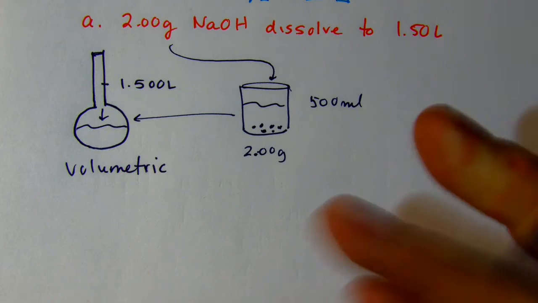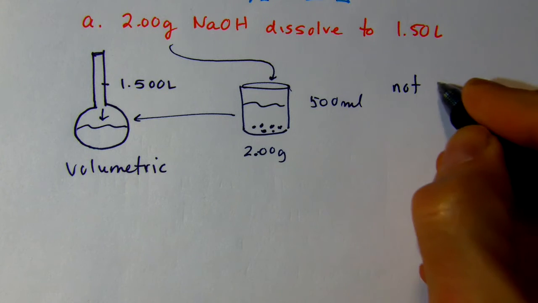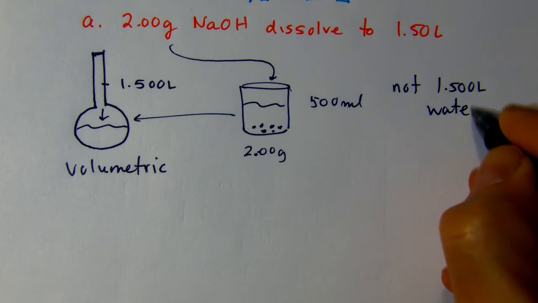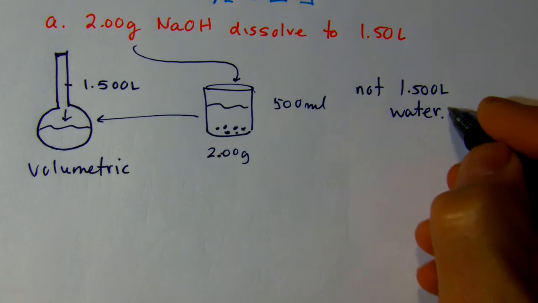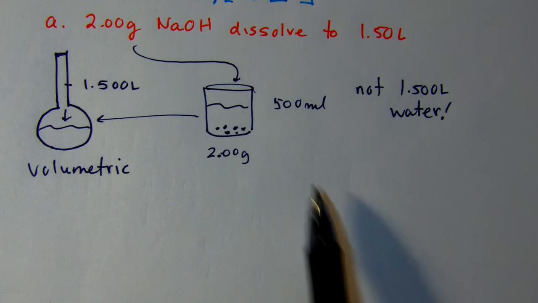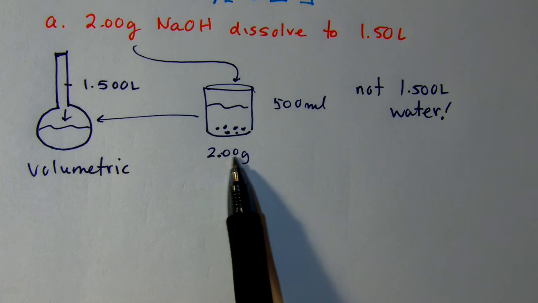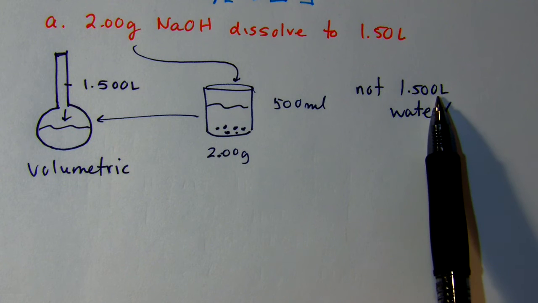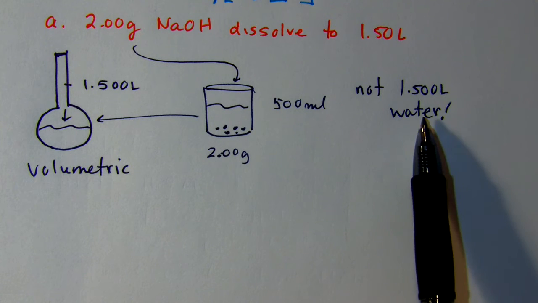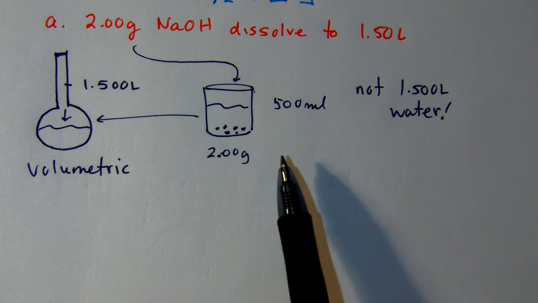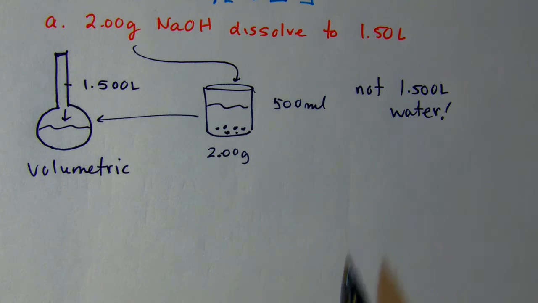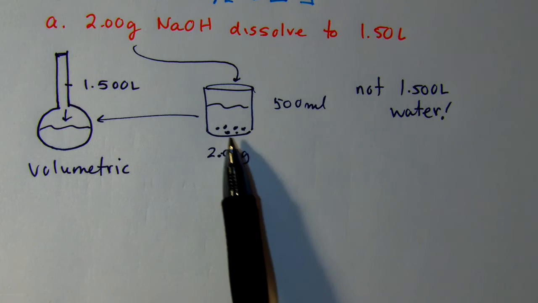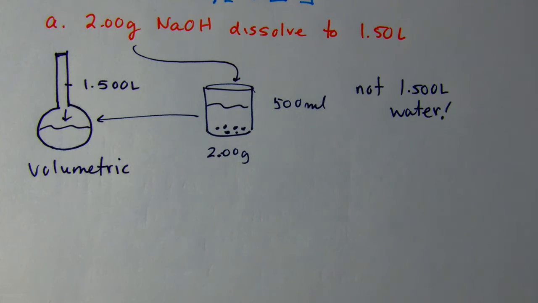Now what that means is you don't have exactly 1.500 liters of water, right? Because some of that, not much, but some of that is these dissolved pellets. So you're just under 1,500 mL of water. But that's how we do it. And sometimes it's a big deal, other times it's not a big deal. Anyway, that's how you do the dissolving here: you dissolve it first and then you water it down.